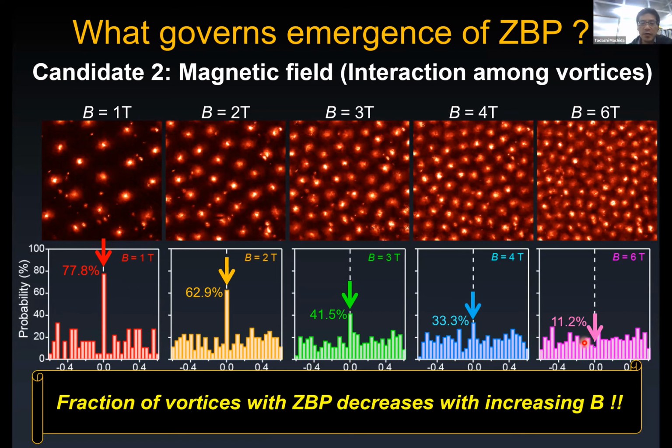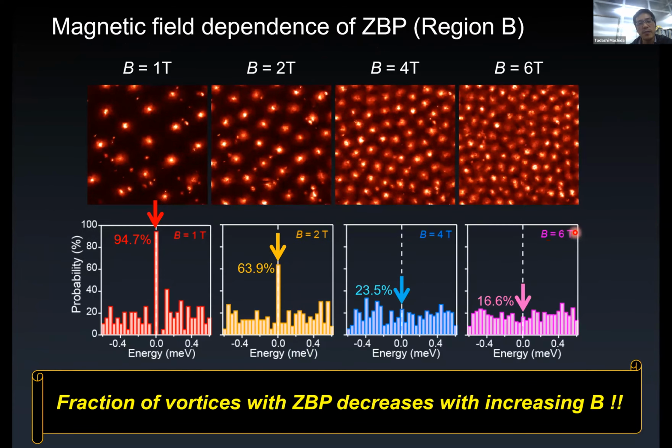So to check the reproducibility of this magnetic field dependence of the zero bias peak, we repeated the same experiments on another field of view. Very fortunately, we can see a very similar magnetic field dependence of the zero energy peak, as shown here.